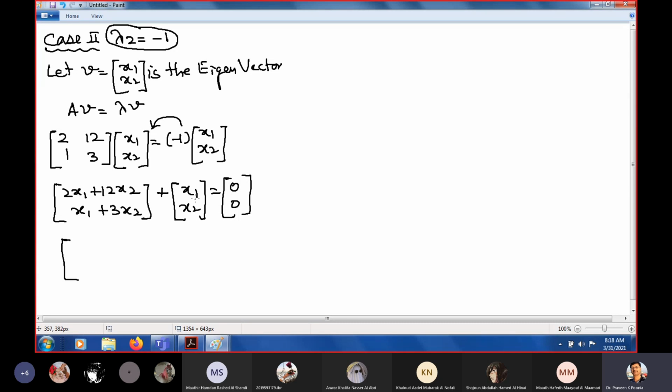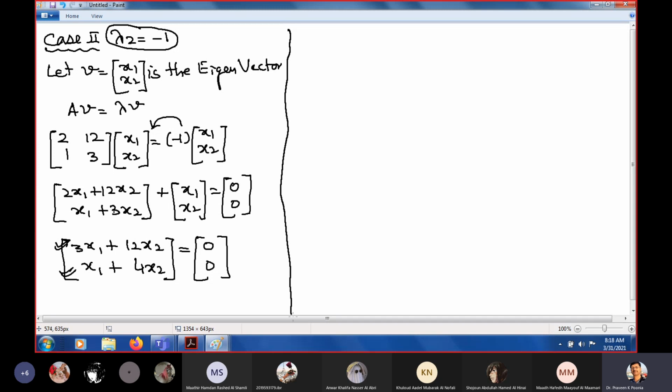It is 2x1 plus x1, 3x1 plus 12x2, and x1 plus 3x2 plus x2, 4x2, is equal to 0, 0. Now whether you solve this equation or that equation, you will get the same answer. There is nothing different we are going to get.